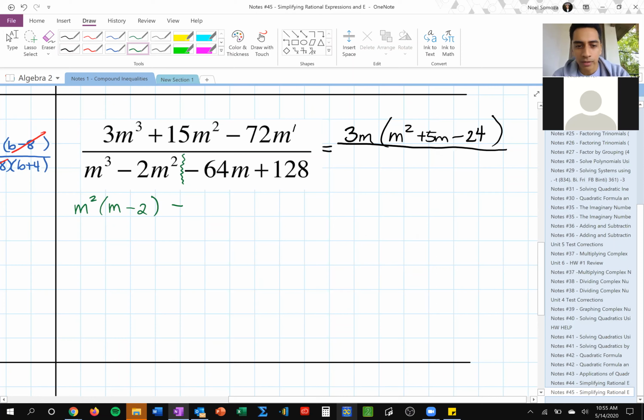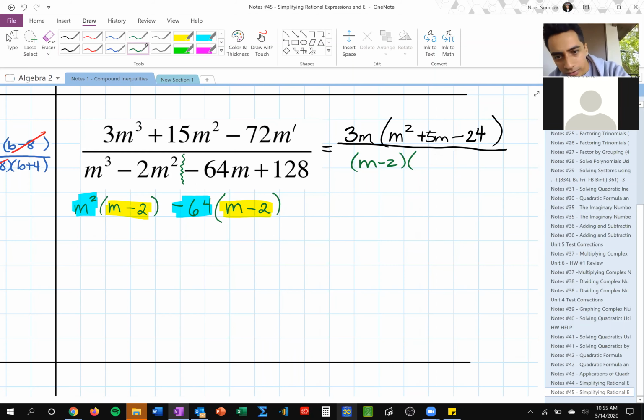So that means both of these numbers can be divided by 64. So you factor out 64, that's going to leave you with m minus 2. Okay. So then that tells me that my new GCF is going to be m minus 2 because that's what's matching inside of the parentheses. Okay, so I can go ahead and bring over m minus 2. And then also m squared minus 64, these become the new factor. Okay, they combine to be the new factor. So that's m squared minus 64.